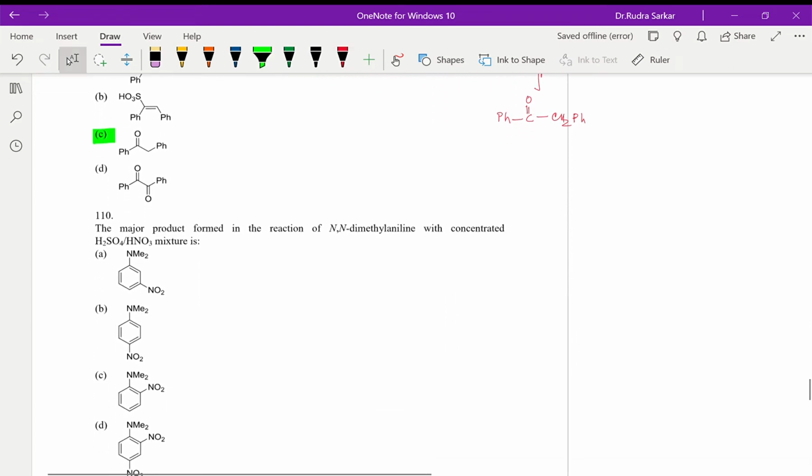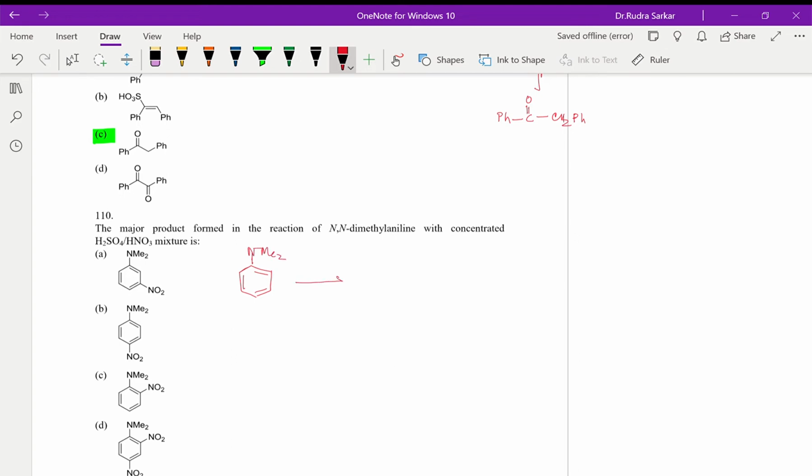Next problem: the major product formed in the reaction of N,N-dimethylaniline in concentrated H2SO4 and HNO3. This is an acidic medium, and we are using N,N-dimethylaniline, which is obviously this one.